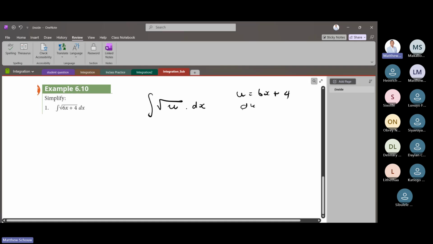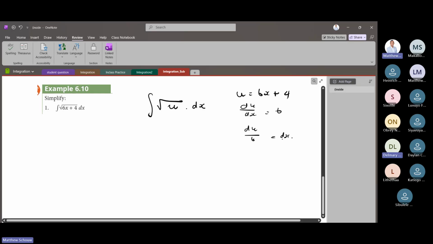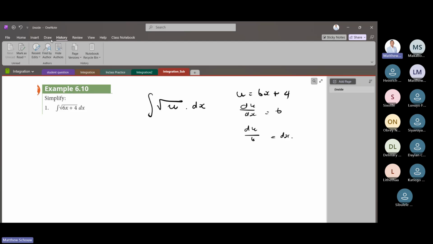So that's du over dx, and that will be equal to, what's the derivative of this over here? This is going to be 6, right? 6. Exactly. And then we do exactly what we did earlier on, some cross multiplying, and we have du over 6 equals dx. Perfect. We take this. Let me do it for you.